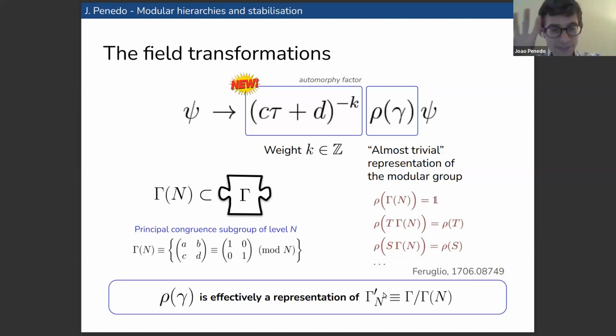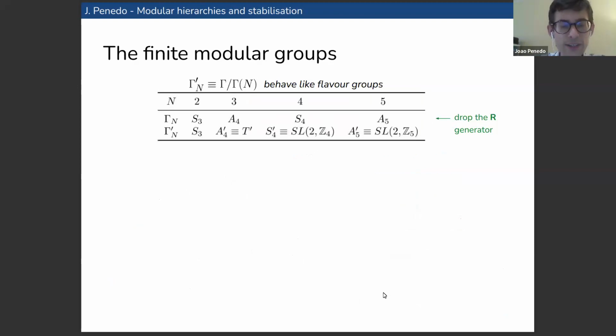And these finite groups gamma prime of n, they are well known, because if you see this table here, you find that when n is small, let's say 2, 3, 4, 5, these groups are isomorphic to very well-known groups in the flavor symmetry business.